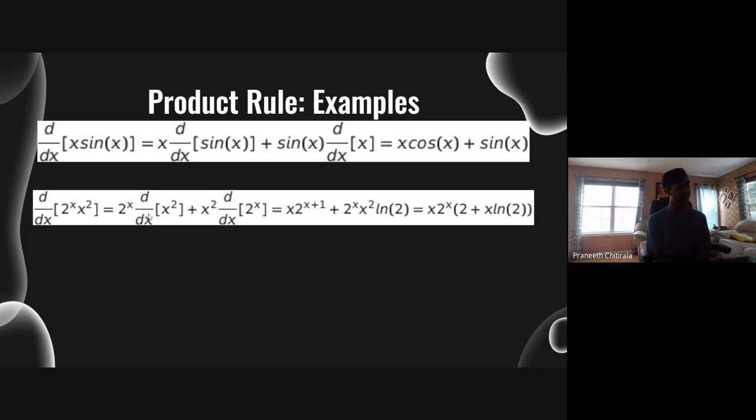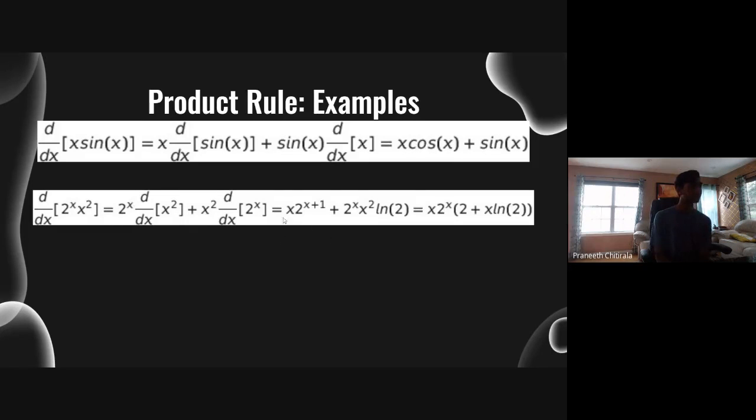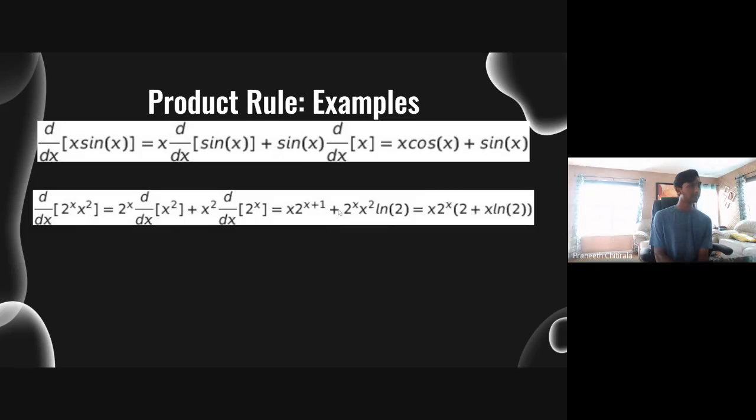The derivative of x squared is 2x, and the derivative of 2 to the x power is just 2 to the x power times natural log of 2. So getting all that together, we have x times 2 to the x plus 1 power, because we have 2 times x, 2 times 2 to the x, and that gets you 2 to the x plus 1. And then plus 2 to the x times x squared times natural log of 2.